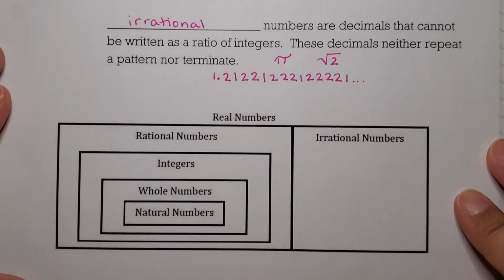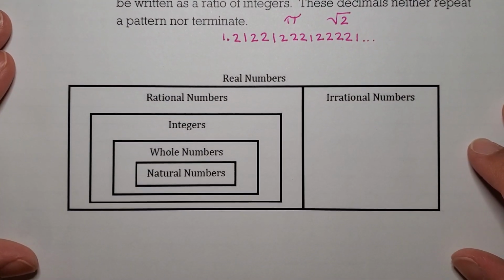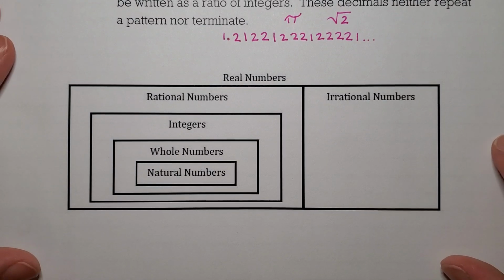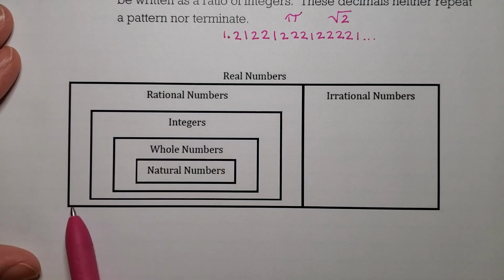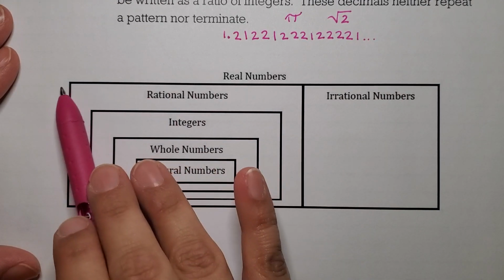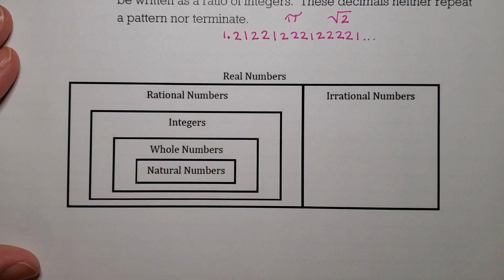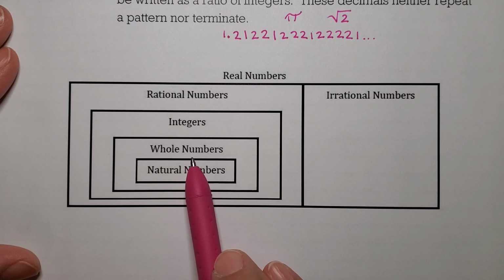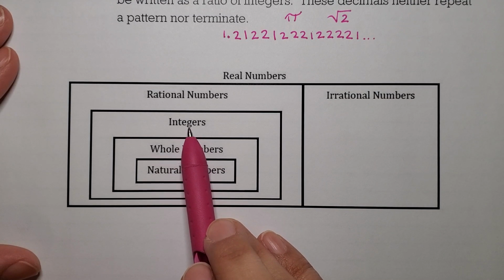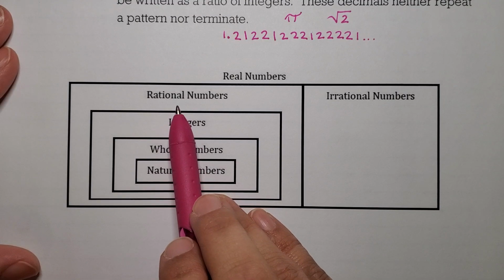So if we visualize all of the different number types that we've talked about now, this is what it can look like. So this big box is our real numbers box. All of the numbers other than real numbers that we've talked about up to this point are rational. So natural numbers, whole numbers, and integers are all types of rational numbers.